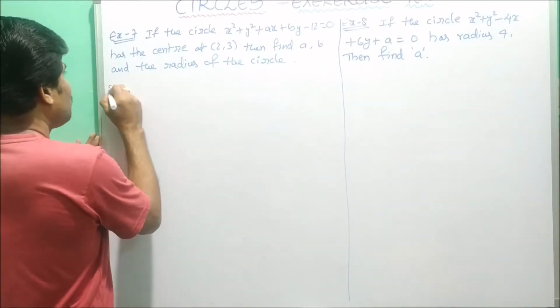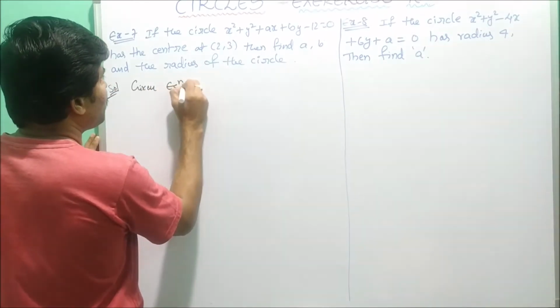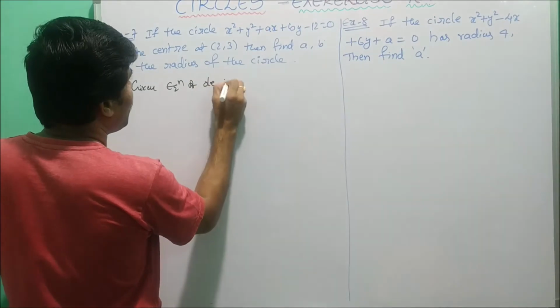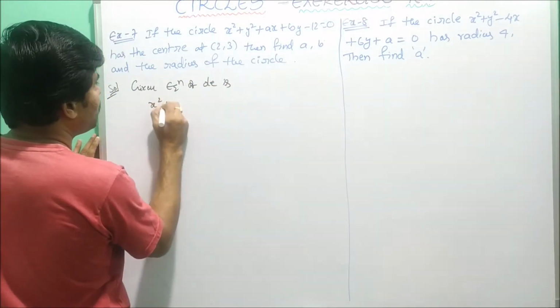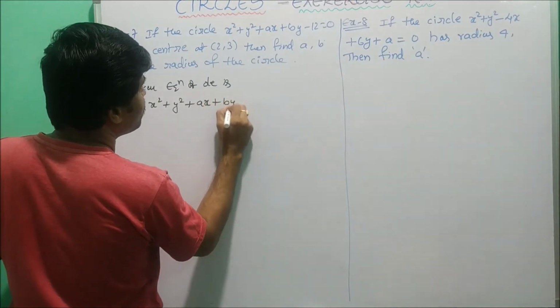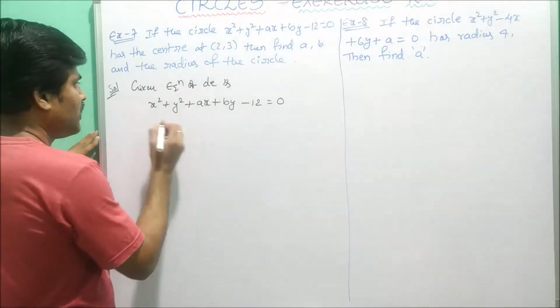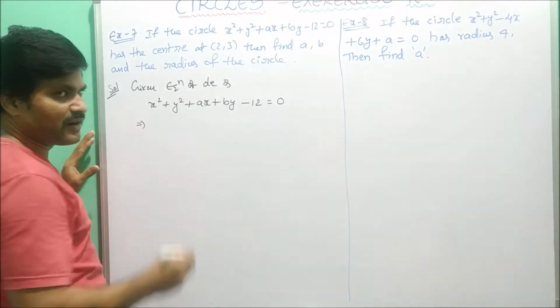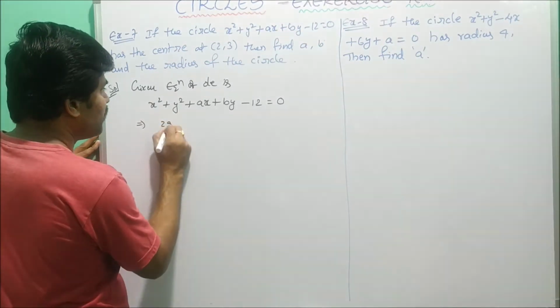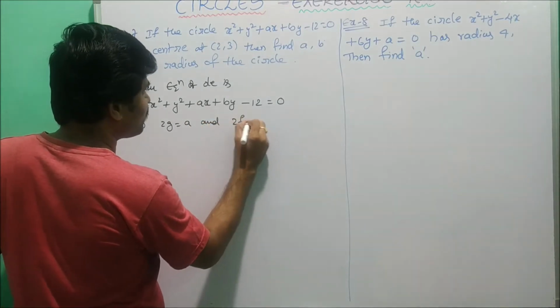In this problem, the given equation of the circle is x square plus y square plus ax plus by minus 12 equals 0. Here we observe that, comparing with the general form of the circle, 2g equals a and 2f equals b.